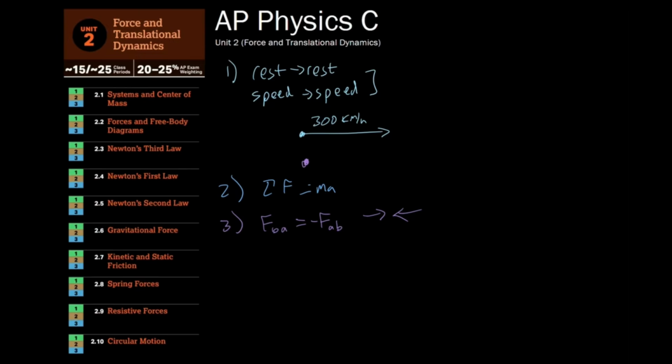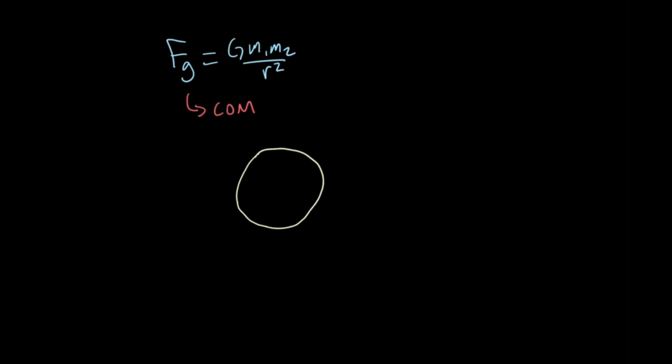Cannot stress that enough. Okay, so the first force that we're going to formally discuss in this video is Fg. We know from our reference table that Fg is equal to Gm1m2 over r squared. Fg always acts on the center of mass, and it points towards the line connecting the COM of the two systems. So let's say I have a little imaginary planet and I have a little person standing on top of it.